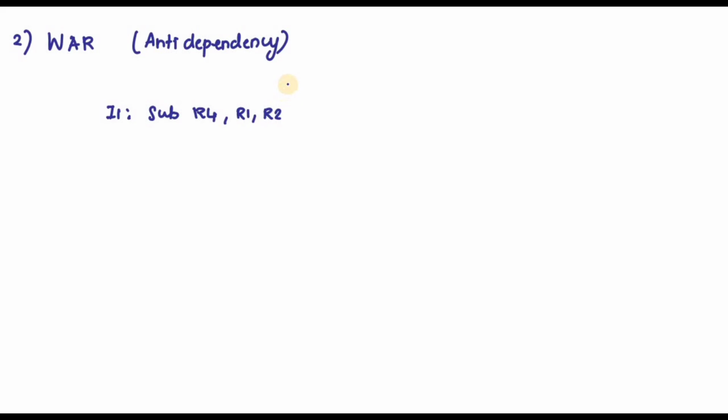So what it will do? R4 is equal to R1 minus R2. This is my first instruction, and the second instruction is add R1, R3, R5. So this is nothing but R1 is equal to R3 plus R5.